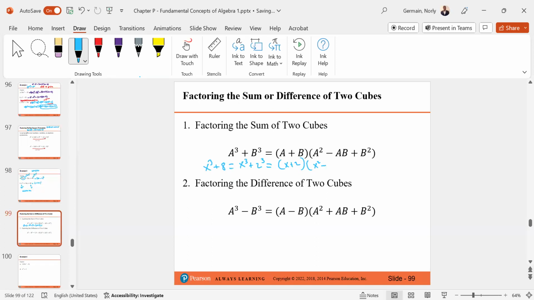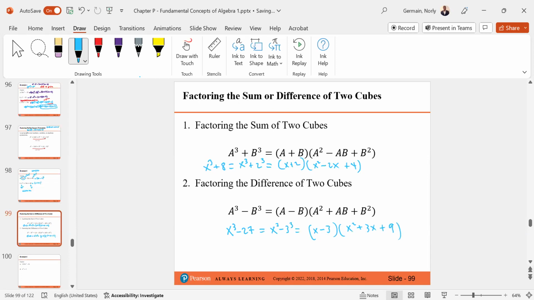Now minus, there is a minus in the second parenthesis, ab, that means x times 2, 2x. Plus b squared, that's 2 squared, which is 4. It's the same if I have x cubed minus 27, it's the same thing as saying x cubed minus 3 cubed. So that means we can do x minus 3 times x squared plus 3x plus 3 squared, that's 9.